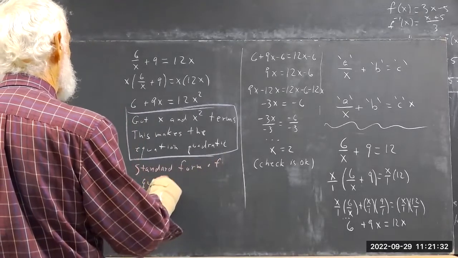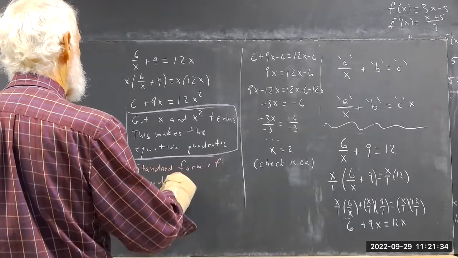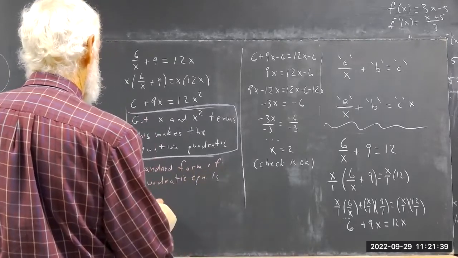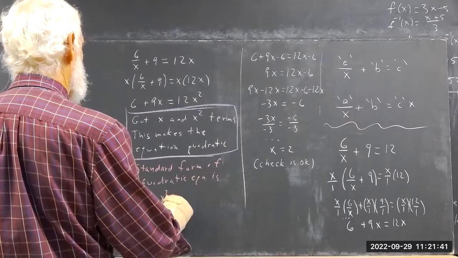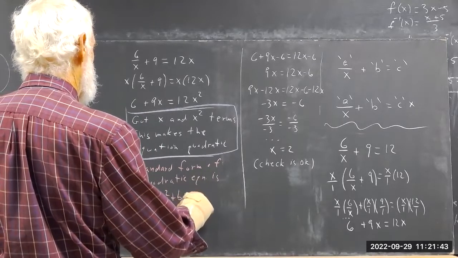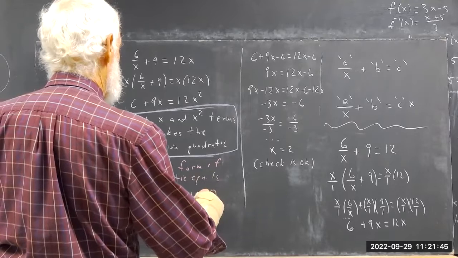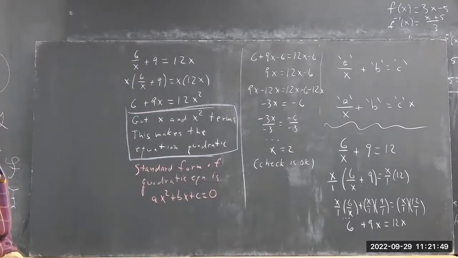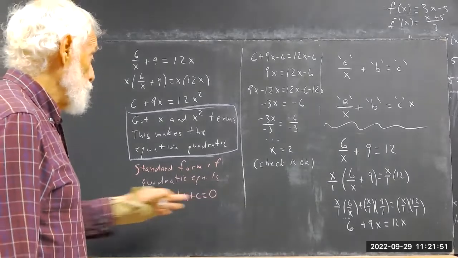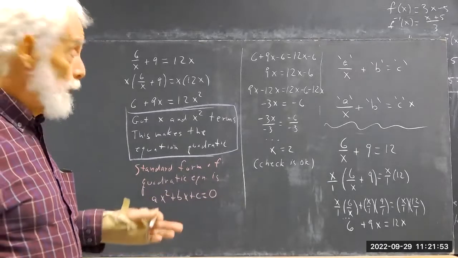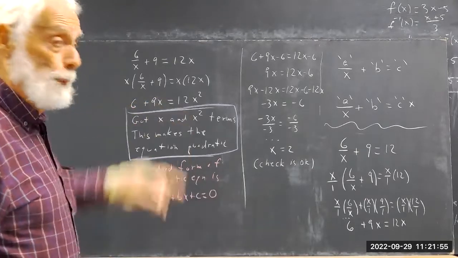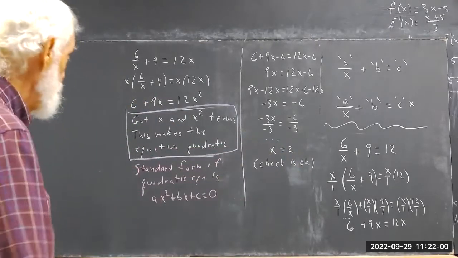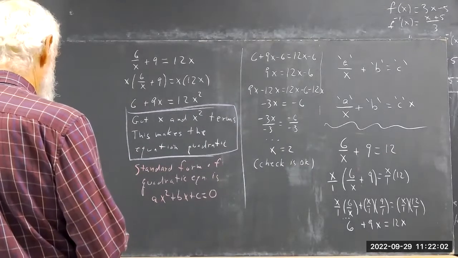Standard form of a quadratic equation. There's your standard form. So what I want you to do is take this equation or the equation that you got. Use your own equation. Put the equation into the standard form.